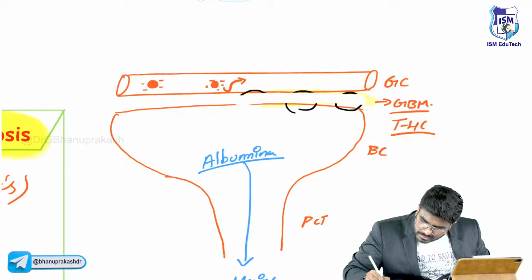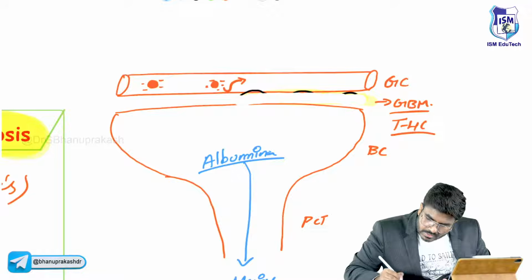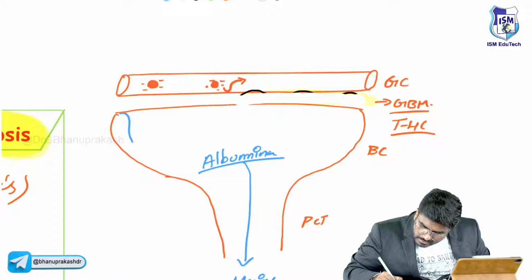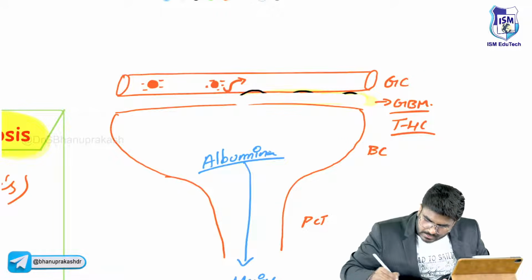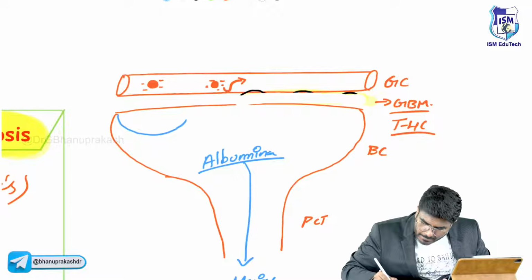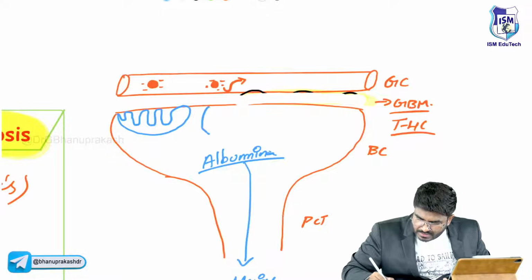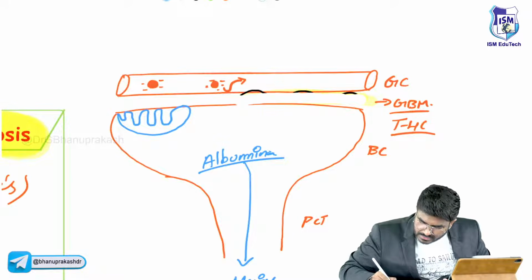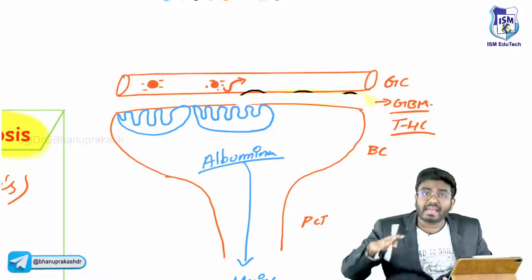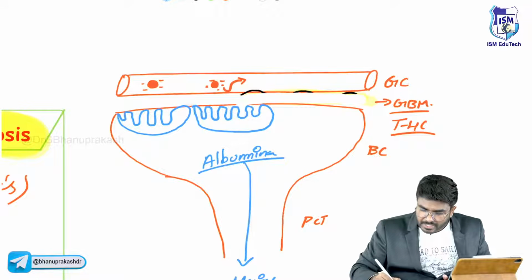now this is the Bowman's capsule, right? Let me show you. Here in the Bowman's capsule, there are these cells, the epithelial cells. The epithelial cells which I am drawing have these leg-like processes.